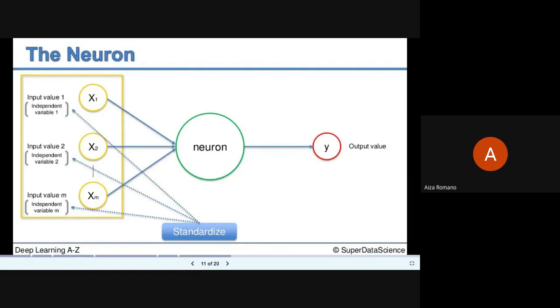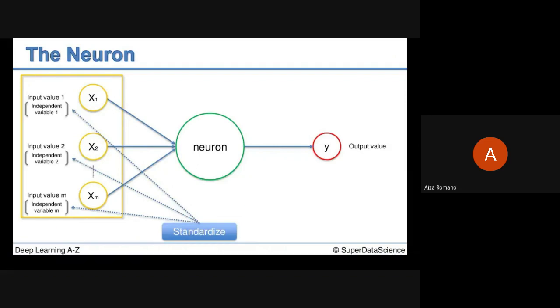So your input values, the signal is passed through synapses to your neuron, and then your neuron has an output value that it passes further on down the chain. And in this specific case, in terms of color coding, again, yellow means input layer.